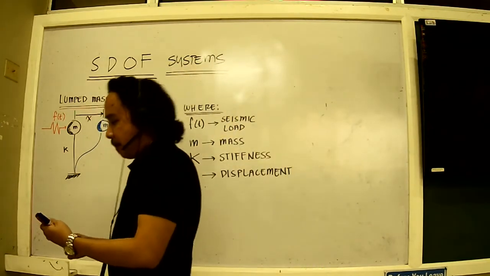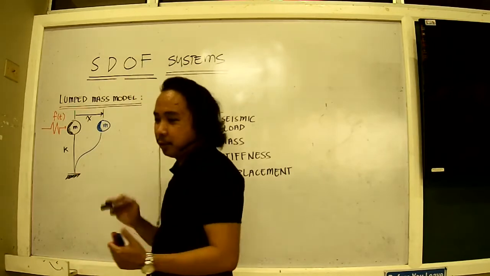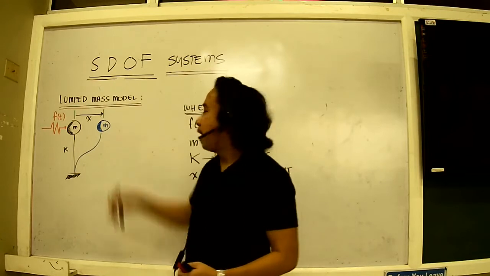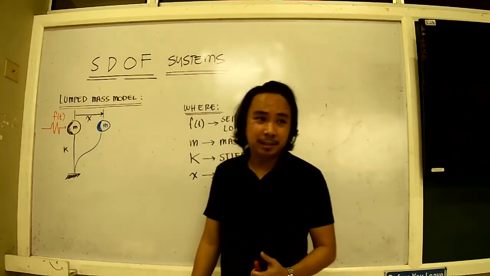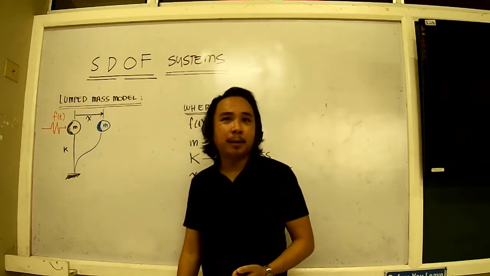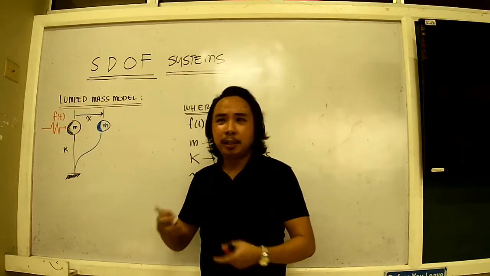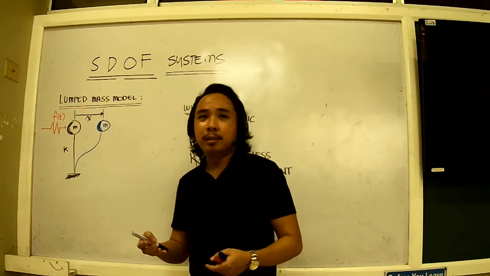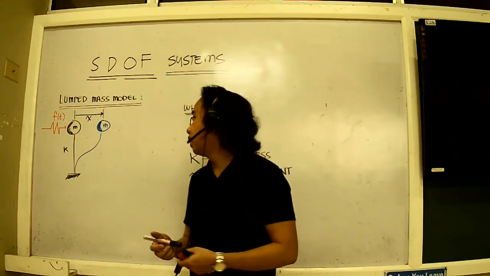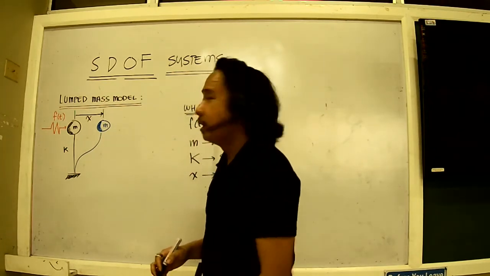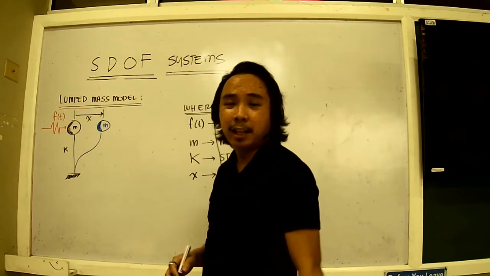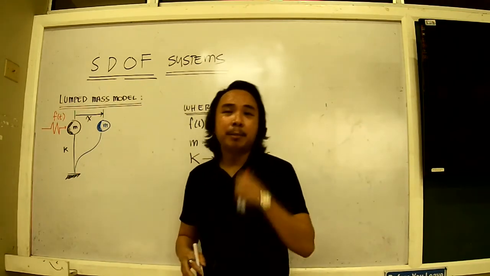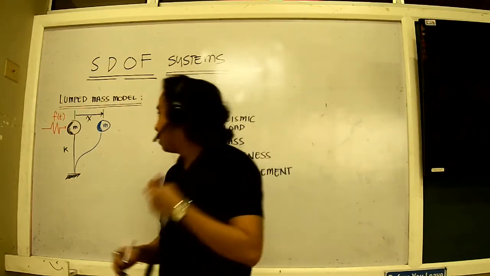Now, other than that, there are also properties of the structure that are inherent here. Our structure possesses mass. There's what we call the personality, or rather the characteristic of mass that somehow resists motion. That is what we call inertia. So when we say inertia, that is the property of a material that resists motion.